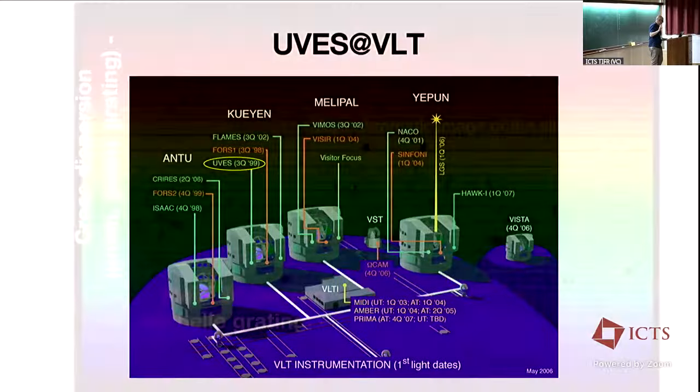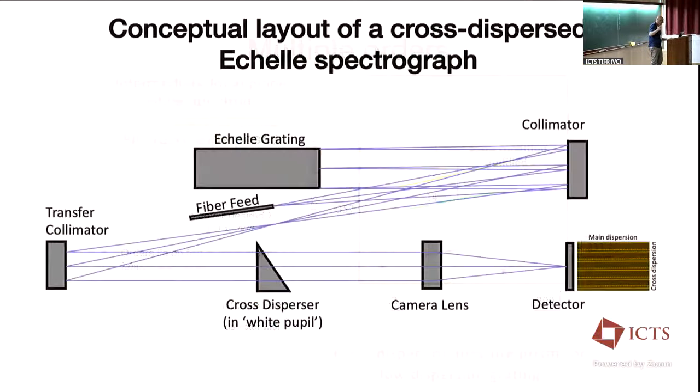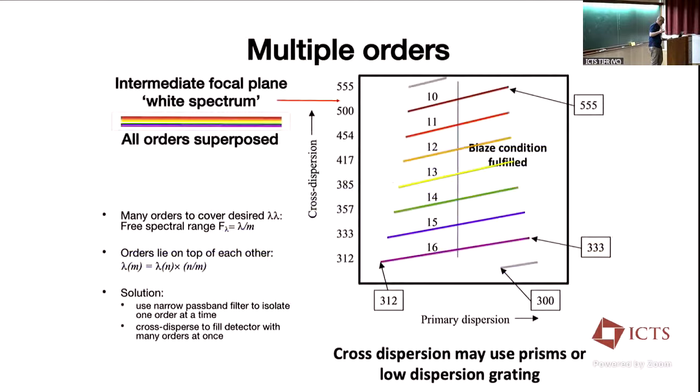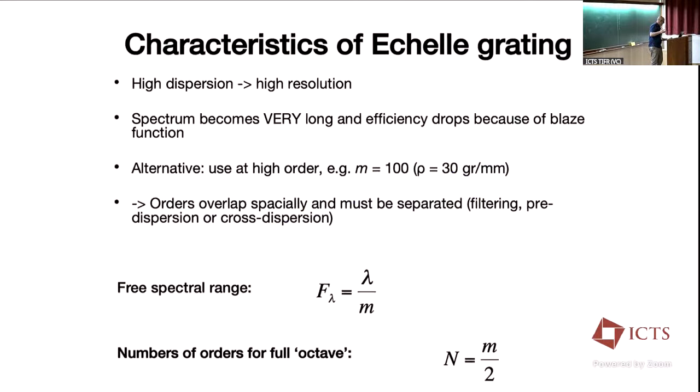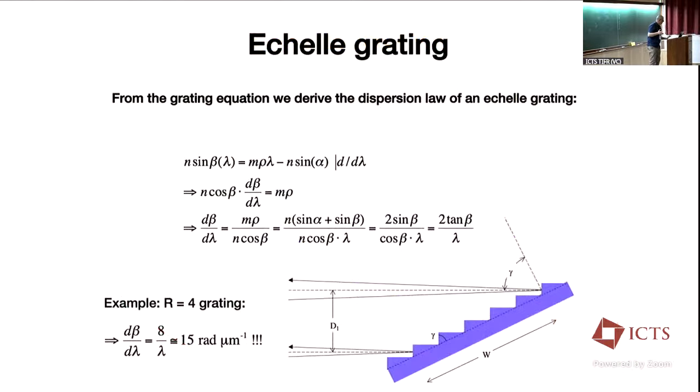In this formula, by a miracle, the dispersion only depends on tangent beta and lambda.